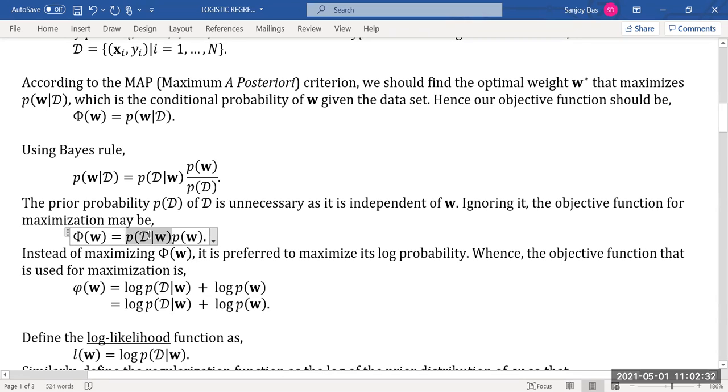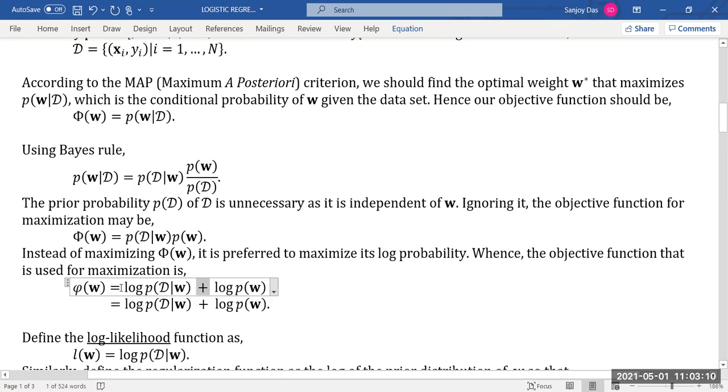P of D given W is called the likelihood of W. This is what we want to maximize. However, we choose to take the logarithm for reasons that will be clear in an instant. So we want to maximize the log of this function. Lowercase p of W equals, and now the product becomes, when you take the logarithm, a sum.